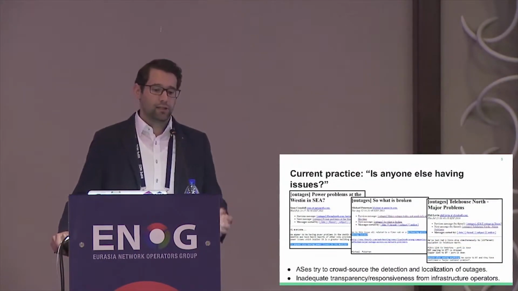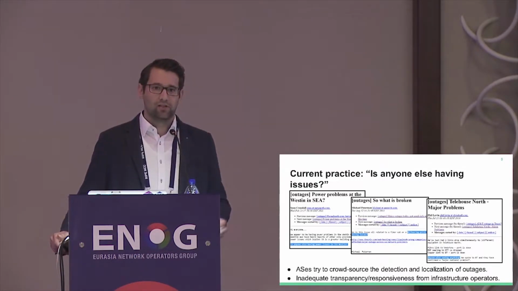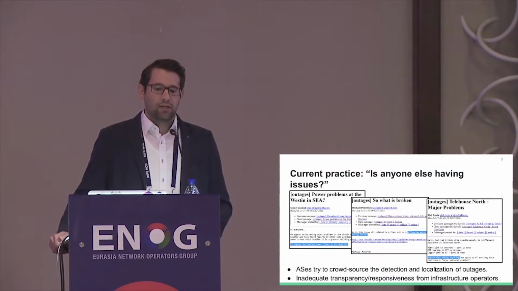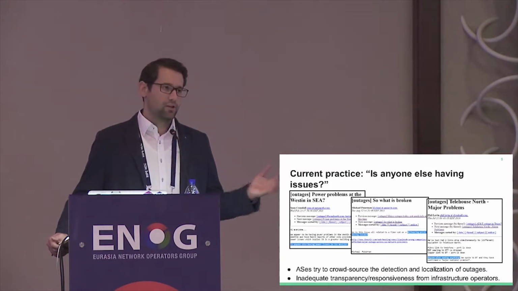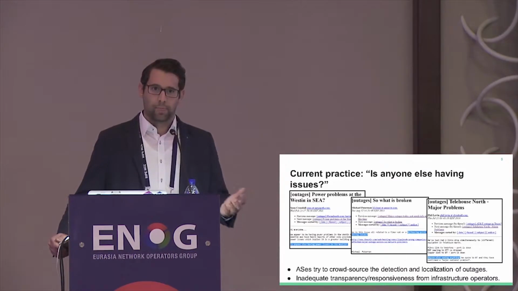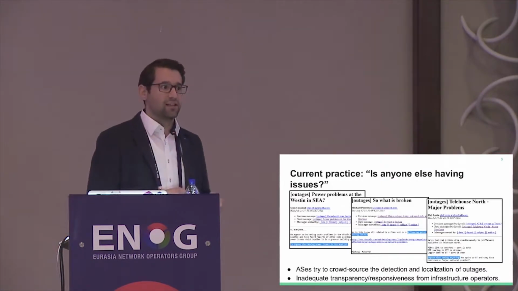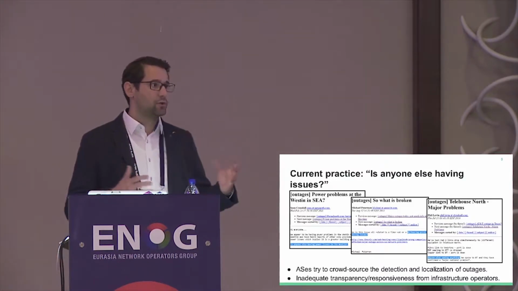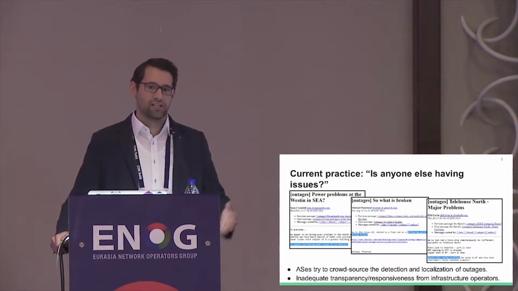So ASs typically try to crowdsource the detection and localization of outages. And we consider this as inadequate transparency and not the desired responsiveness from infrastructure operators. I mean, we all know that ISPs and IXPs and colocation facilities are busy fixing things, and the technical guys there don't really have the time to communicate and make a marketing statement where they apologize about the outage.